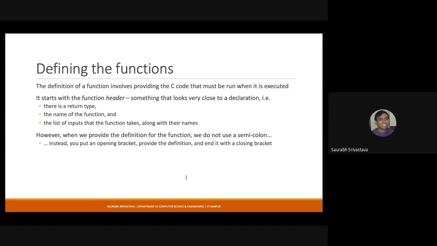So when you define a function, you first have the function header, which is very similar to the function's prototype. You have to put the return type, the name, the arguments, and of course you also have to give the name of each argument now, because they'll be treated like local variables for that function. And then with the help of a pair of braces, you create a code block, and whatever you write here is part of your function's definition.